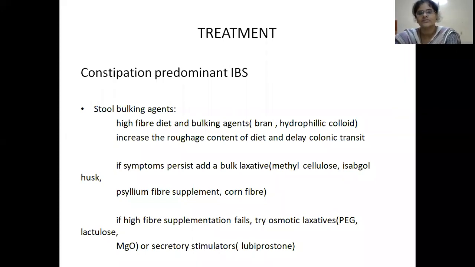Even after a fiber diet, if symptoms persist, add a bulk laxative like methylcellulose, ispaghula husk, psyllium fiber, corn fiber. If it still is not working, try osmotic laxatives like polyethylene glycol, lactulose, magnesium oxide, or secretory stimulators like lubiprostone. First and most important, advise the patient to take a high fiber diet.